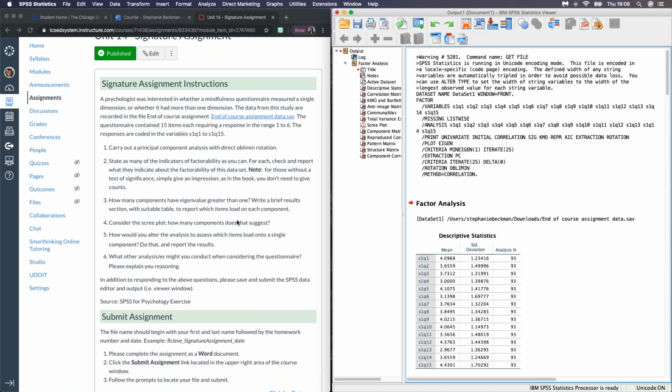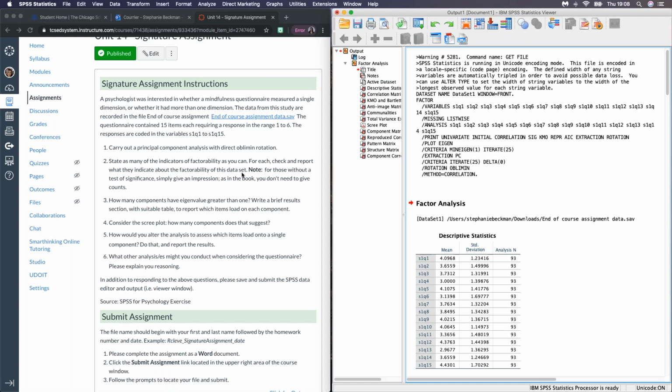So for number 2, this is probably the lengthiest process of the assignment, at least it was when I did it. So state as many of the indicators of factorability as you can. And it doesn't really give us any hints as to what that means or what that looks like. But when I did this, I was able to find 6 different indicators of factorability. A lot of them just came from reading the Brace textbook because they have a lot of them listed in there.